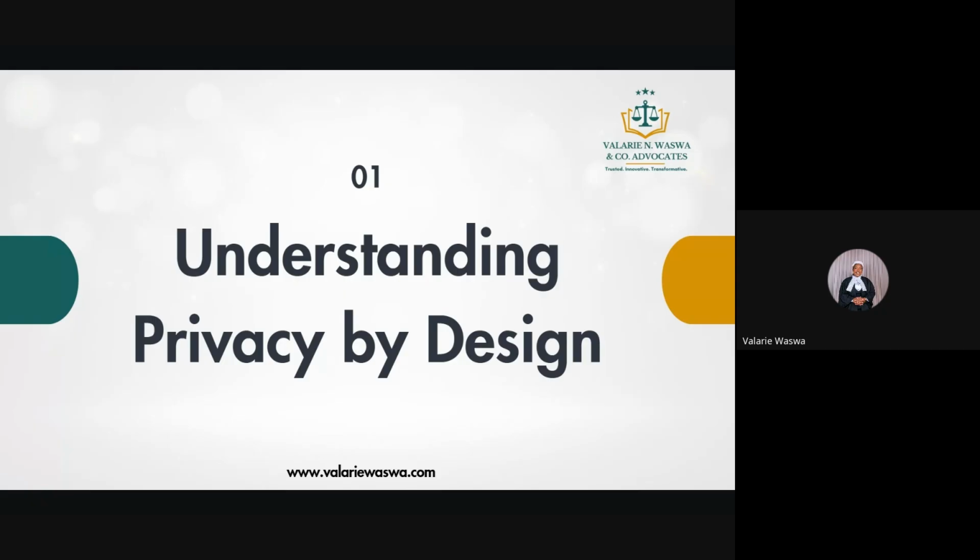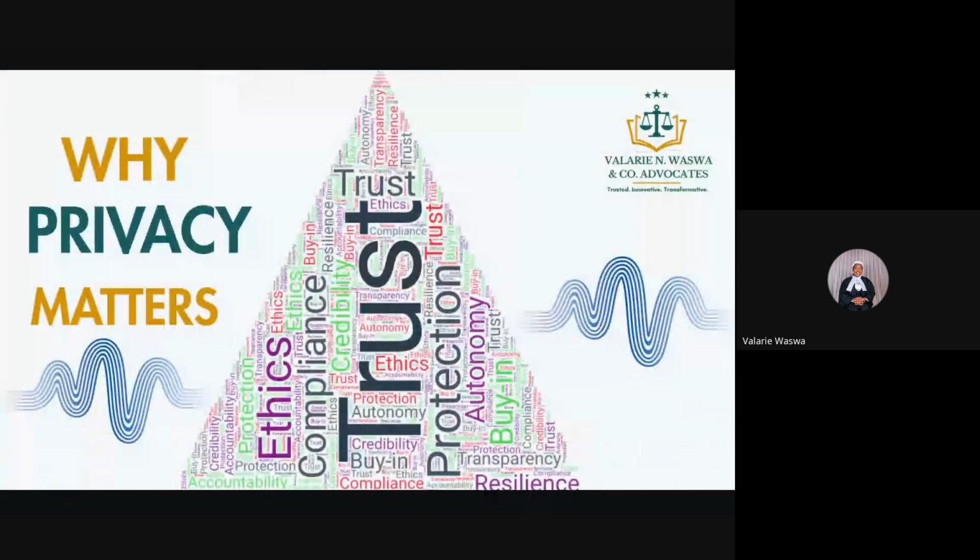Basically, the first session, as I said, is going to be about understanding privacy by design. My assumption is that we all know what data privacy is, right? Or maybe in one sentence, let me just give a very brief overview. This is basically putting in place steps and measures to ensure that personal data is protected, from the collection to the storing to the processing of personal data.